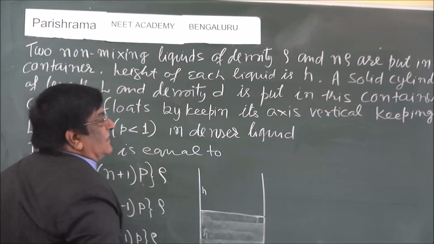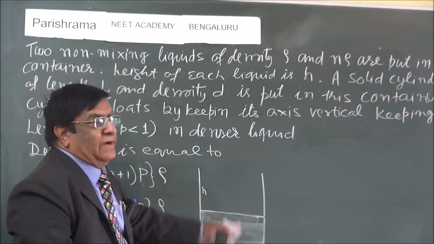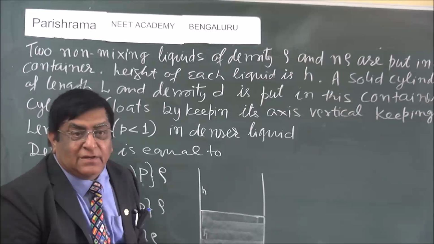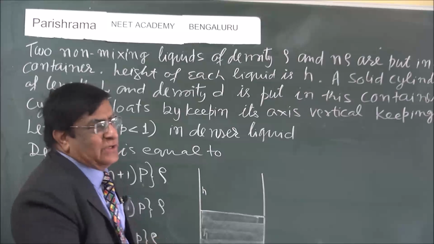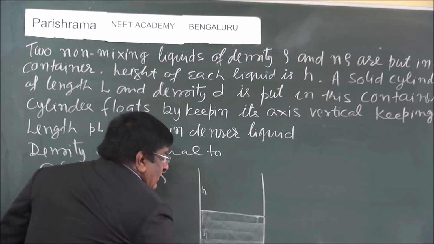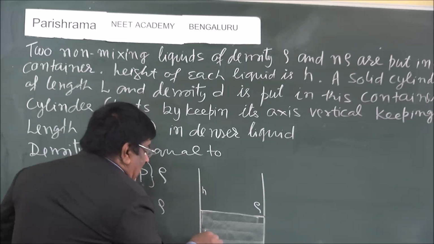Tell me which is rho and which is n times rho. Bottom is n times rho. Why? Because denser is always at the bottom. And this has density rho. Both have got height h.